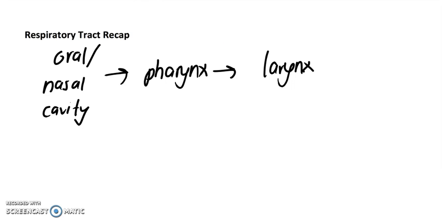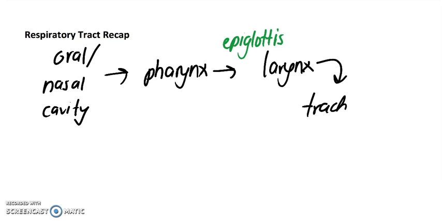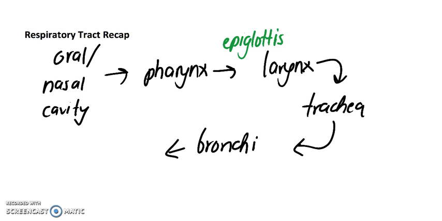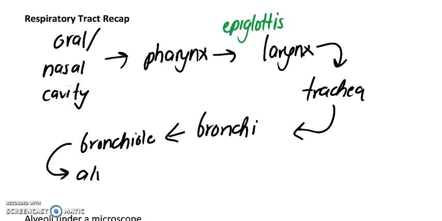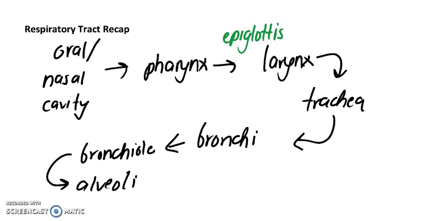We know the epiglottis covers the larynx, so it'll be somewhere around there. After the larynx is the trachea. After the trachea is the bronchi, one on each side. Then it's the bronchioles, the divisions inside the lungs, and then we have the alveoli.